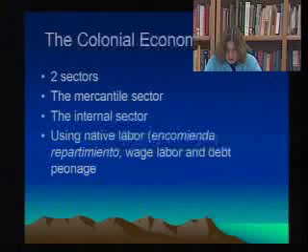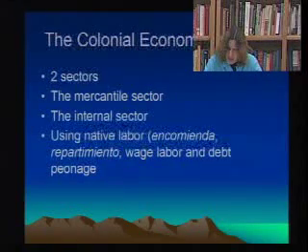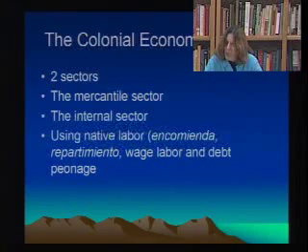So what I want to go on and talk about now is a way of conceptualizing the colonial economy that I think is logical, makes sense, and I hope will help you understand its nature. What I'm talking about is conceptualizing the Spanish colonial economy as it developed in the years between 1521 and 1700.